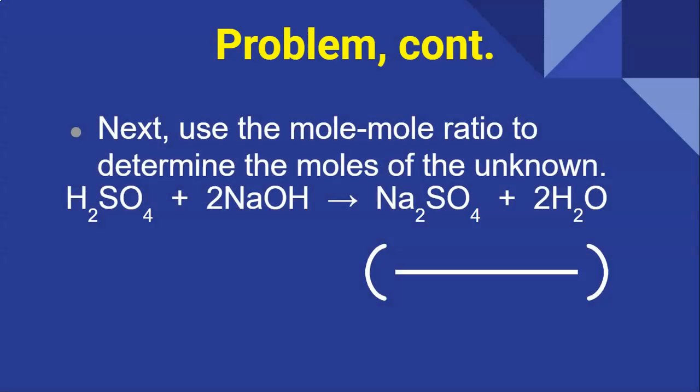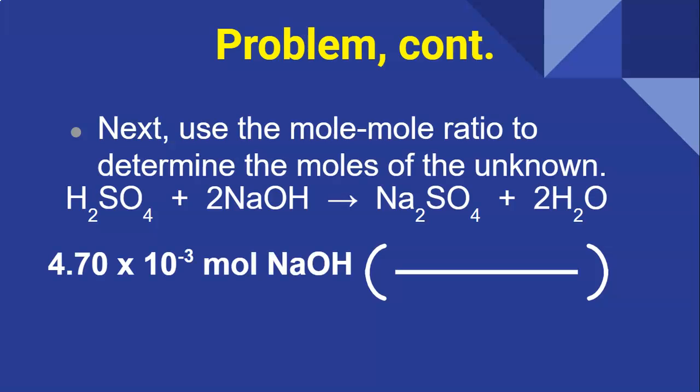My next step is to do that mole-to-mole ratio and convert through stoichiometry, going from my moles of my base to my moles of my acid using my balanced equation. So my 4.70, that's the moles that I solved for, my moles from step 1. I'm going to then use my molar ratio. NaOH is going to go on the bottom because that's my given.